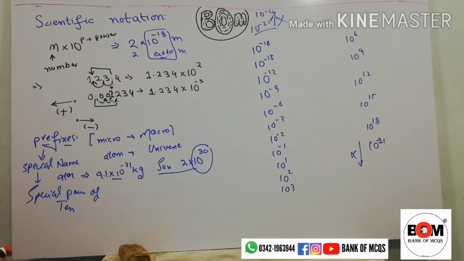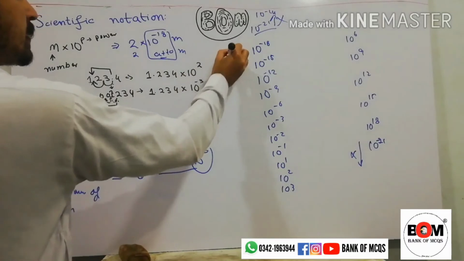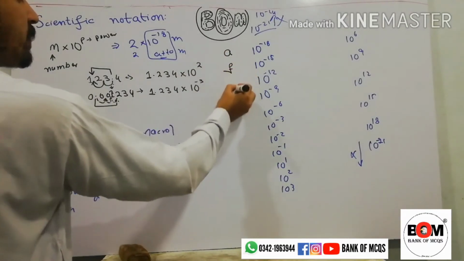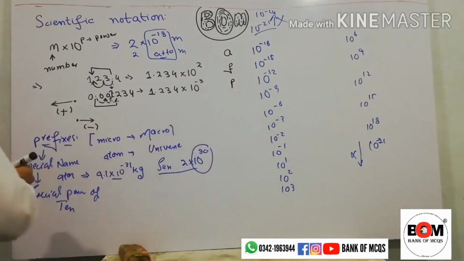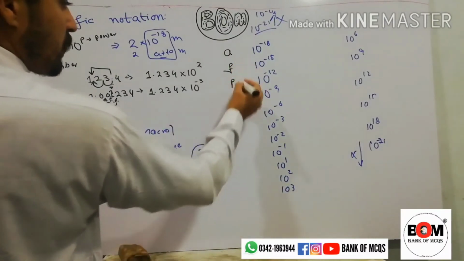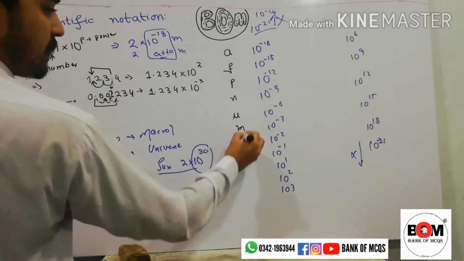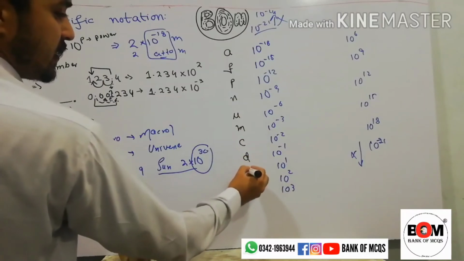So what are the names? For 10 raised to power minus 18 we call it atto, the next is femto, pico, nano, micro, milli, centi, deci, deca.